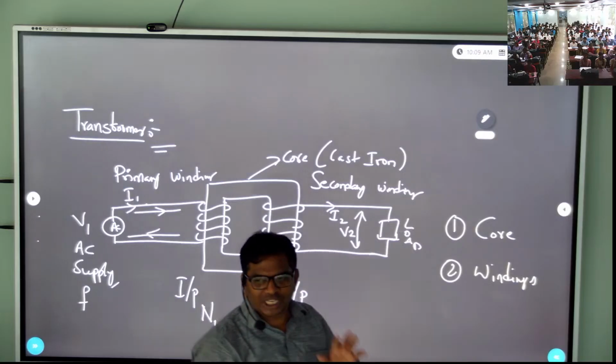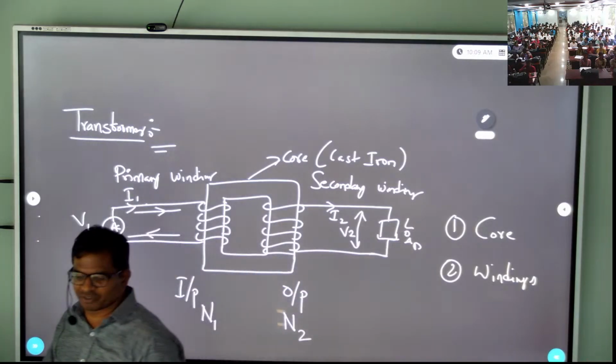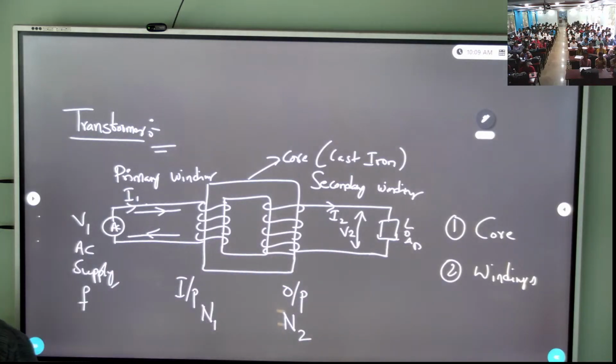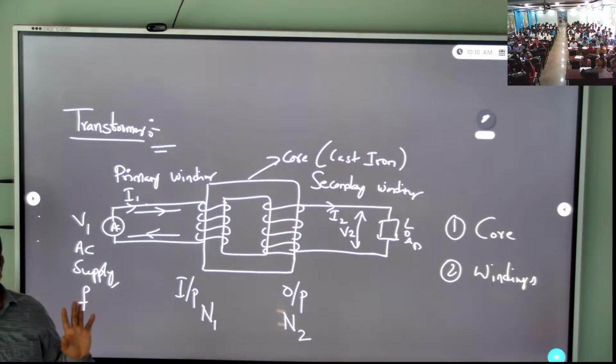With respect to the construction of a transformer, there are two main parts for any transformer, the core and the winding.